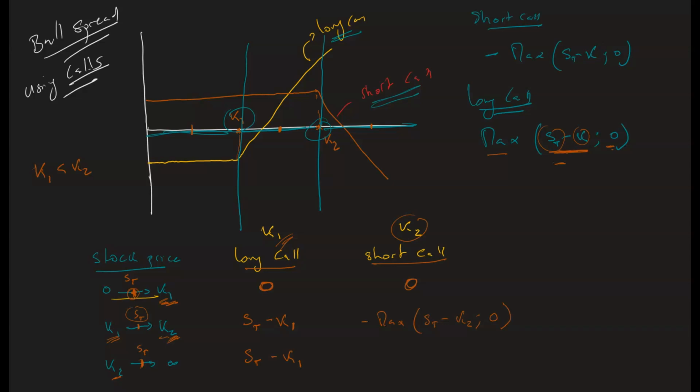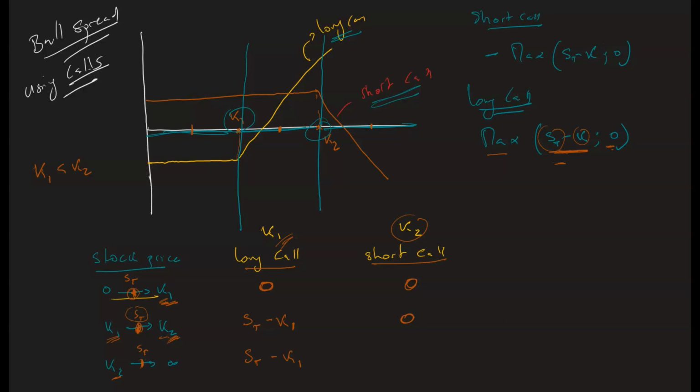Okay, so at this point, what do we have? The stock price is still below K2 because we are right here. And so because the stock price is still below K2, we have a negative value here. The maximum of a negative value and 0 is 0. Minus 0 is 0. So the payoff here is also going to be 0.